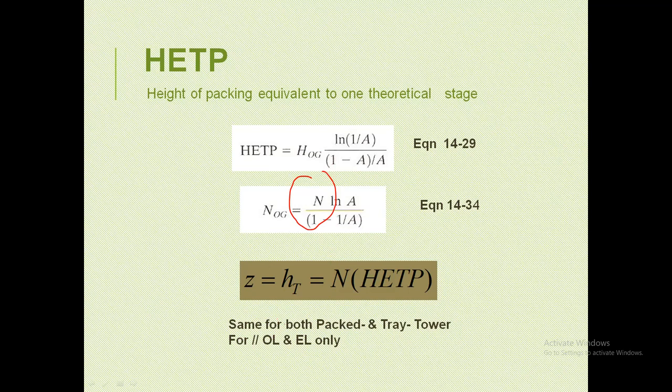If the operating line and equilibrium line are not parallel, then you cannot use these formulas in determining HETP based on HOG and in determining NOG based on the theoretical number of stages. Okay, so this is only applicable for operating and equilibrium lines that are said to be parallel.